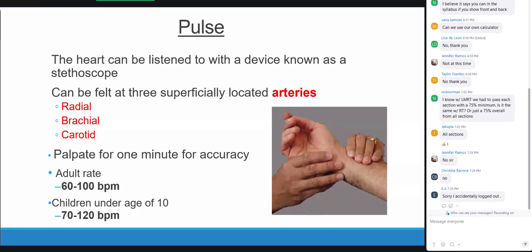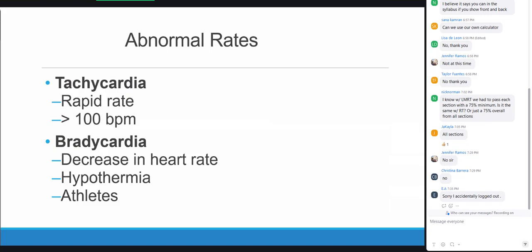Children under the age of 10, anywhere from 70 to 120. Tachycardia, in excess of 100 beats per minute. Bradycardia is a slowing of the heart rate.